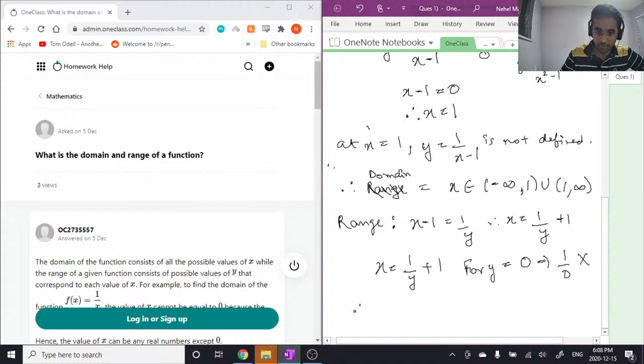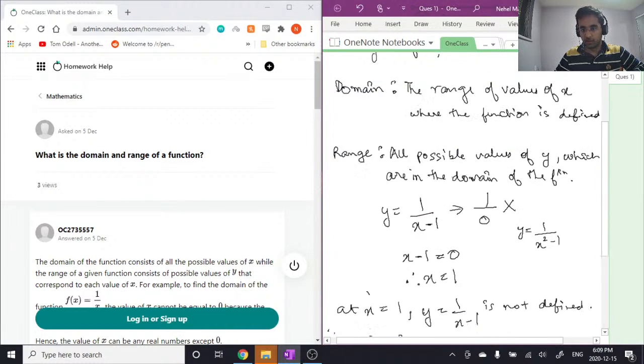Therefore, the range of the function is essentially y belongs to (-infinity, 0) union (0, +infinity).